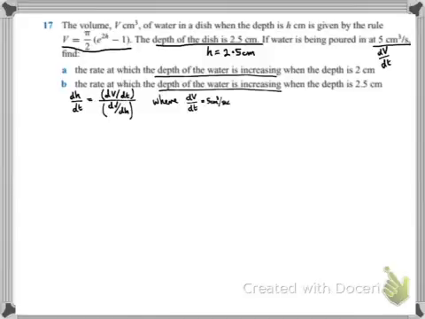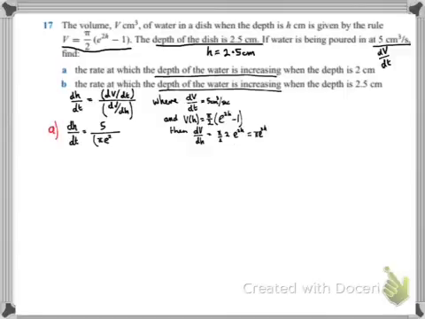Now the numerator is our dV/dt, well that's given in the information here, so we can substitute that in. And our rule for volume is given by this. Okay, so from that we can work out dV/dh by differentiating, and we get that in simple form, pi times e to the power of 2h.